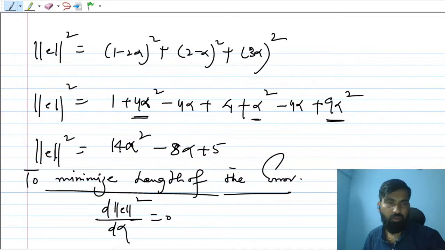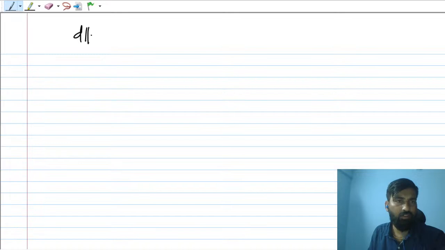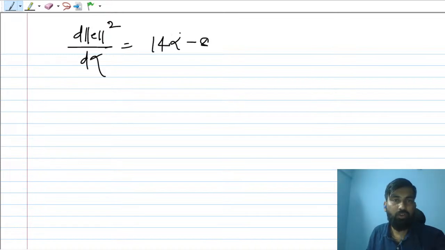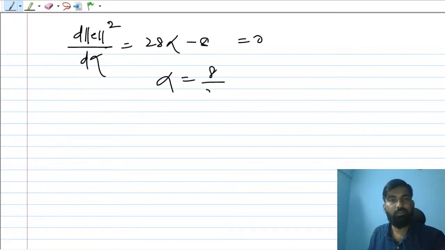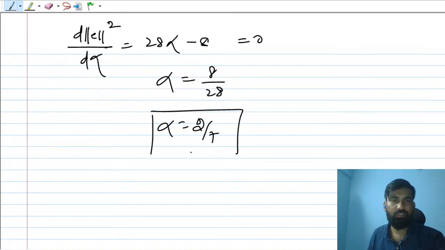So 14 into 2, that is 28 alpha, minus 8. Now you can equate to 0. From here you will get 8 by 28. What is 8 by 28? That is alpha equal to 2 by 7. So this is the answer.